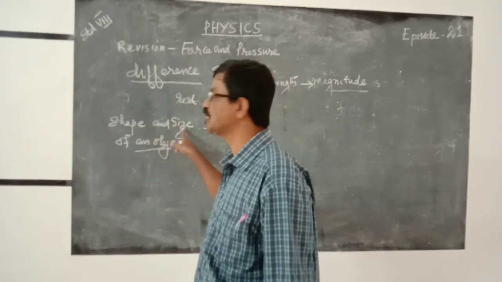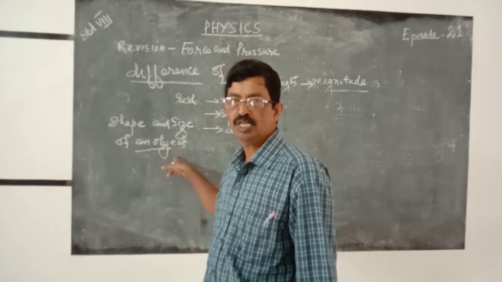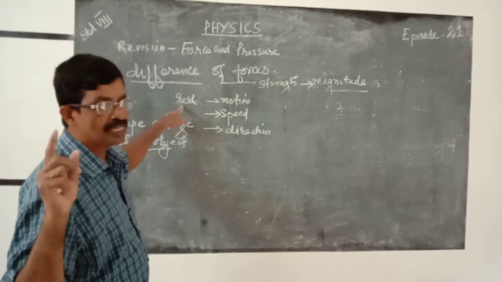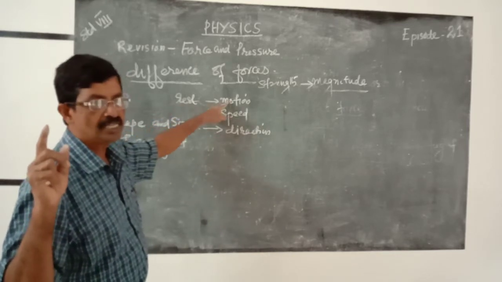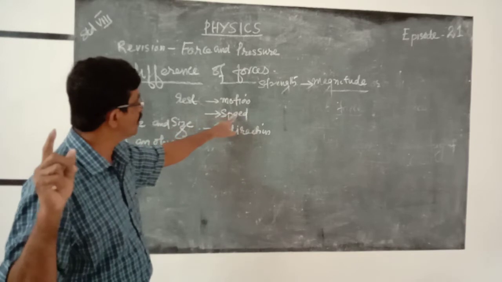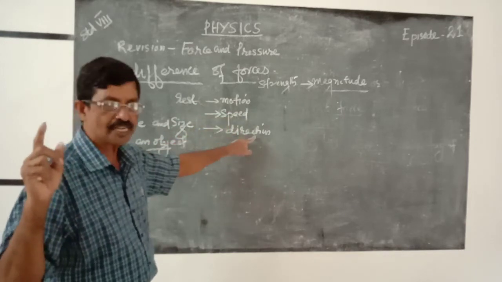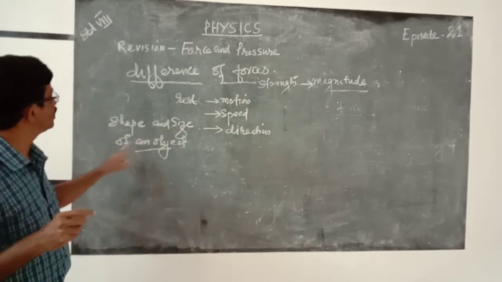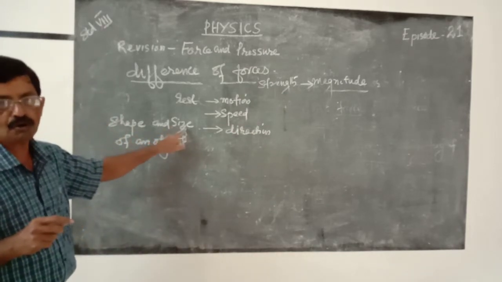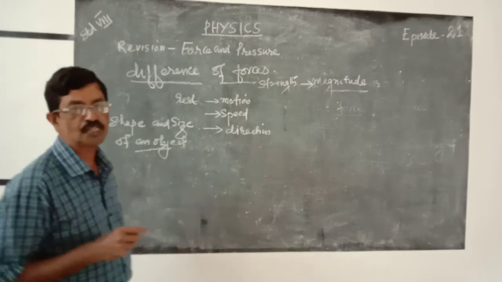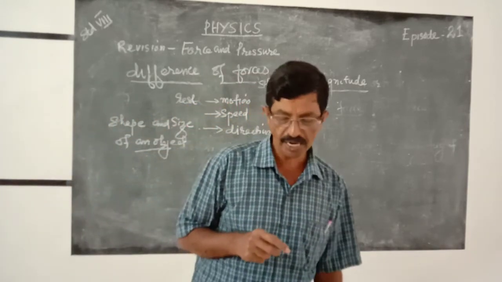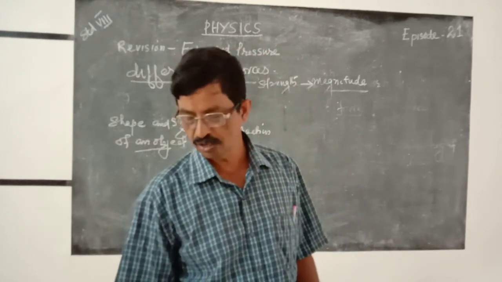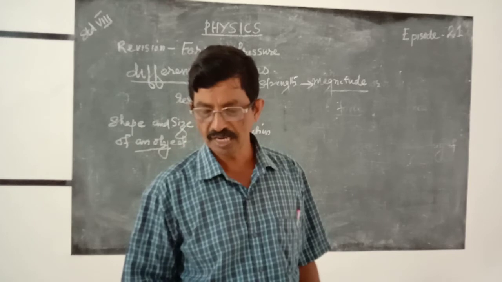Shape and size of an object. Force not only moves a body from rest, changes its speed and changes its direction, it also can change the shape and size of the object. So force can do all these things.